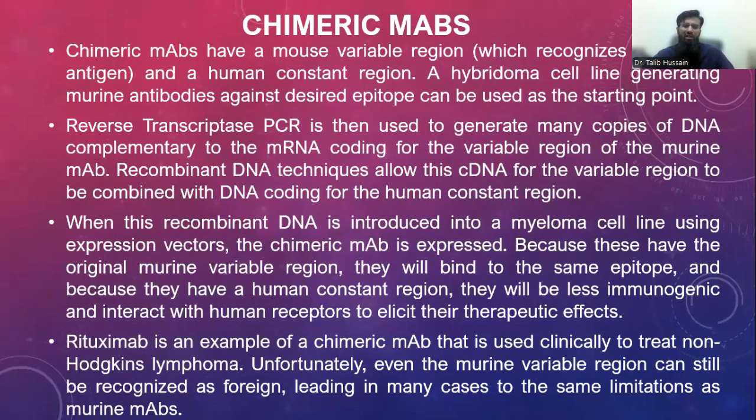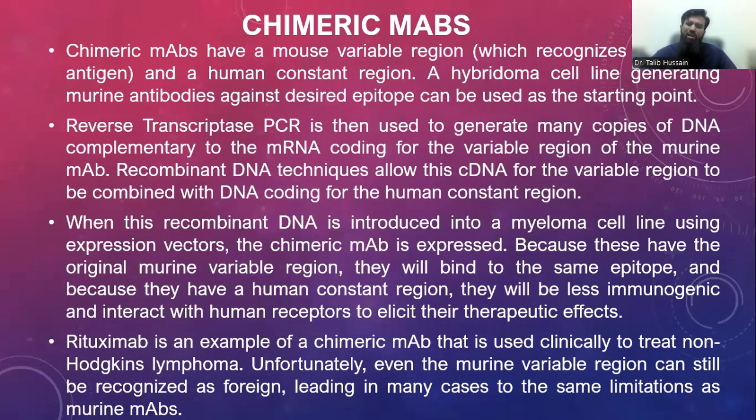by using the PCR technique. So recombinant DNA technology will allow the cDNAs for the variable region to be combined with DNA coding for the human constant region. So cDNA can be developed for the murine variable region and DNA of the human can be used for the constant region.